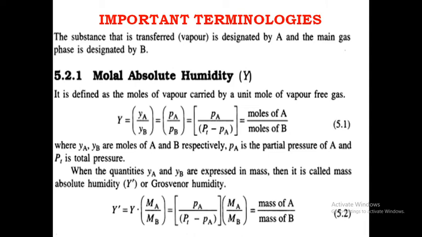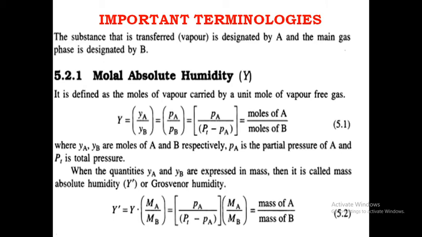In mathematical form, capital Y dash is equal to number of moles into molecular weight. Students, all of you are very familiar with the relationship between number of moles and weight. What is the relationship? Number of moles is equal to weight by molecular weight.